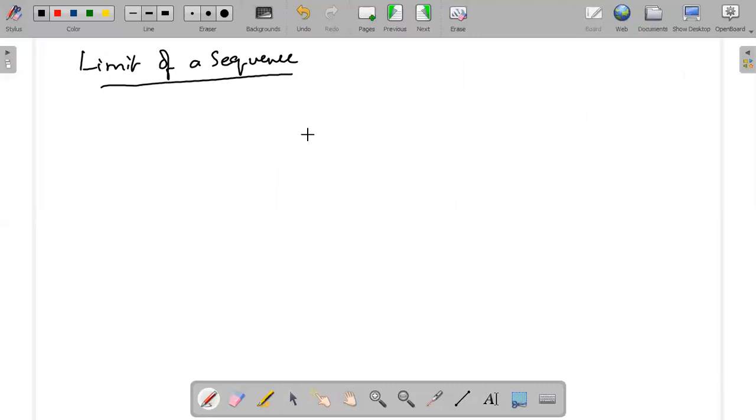Now, how is this defined? In one shot, we can write it as limit as n tends to infinity of Sn, where Sn is the sequence. Let us see the example related to that, so that we can understand what we are talking about.